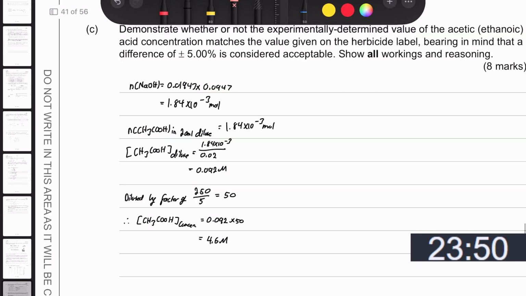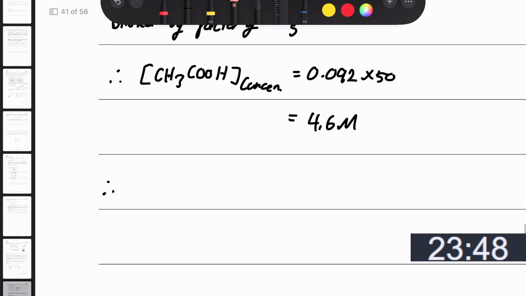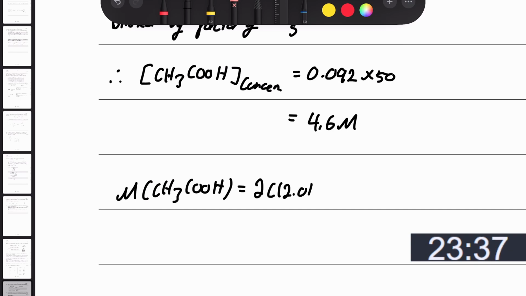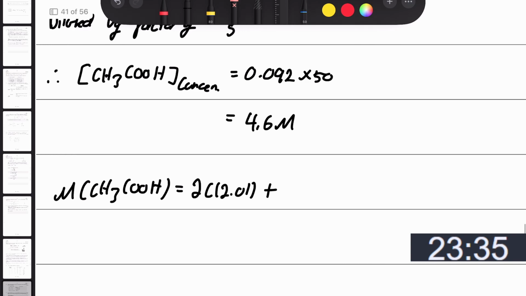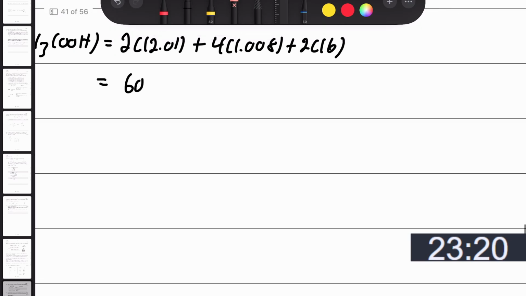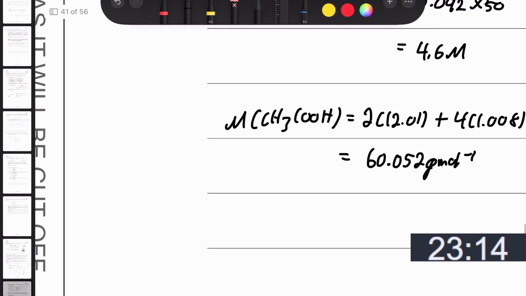Therefore, the mass of CH3COOH, the molar mass, is equal to 2 times 12.01 plus 4 times 1.008 plus 2 times 16, which is 60.052 grams per mole.